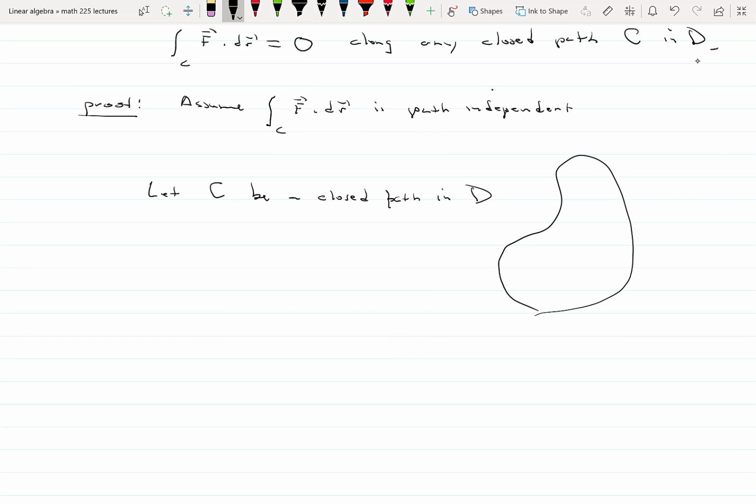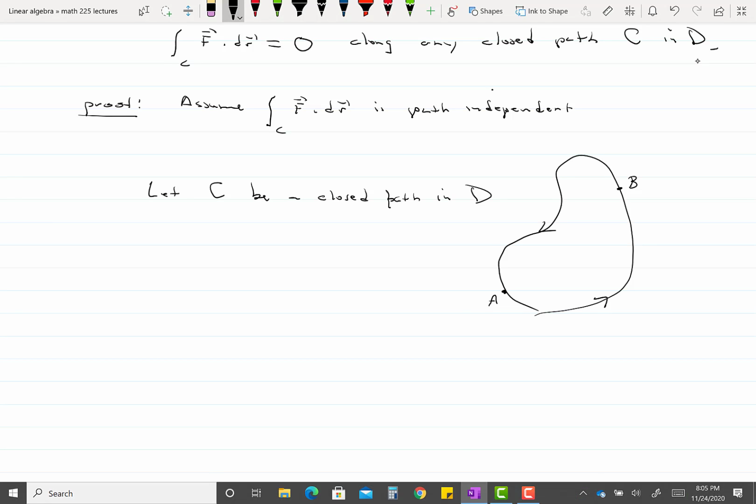I'm going to draw a picture of it. Okay, so I want to divide up C. I'm going to take 2 points on this path. I'm going to call that point A. I'm going to call this point B. And here's the orientation of our path. Remember, paths have orientations as well. So it's in some sense counterclockwise, okay?